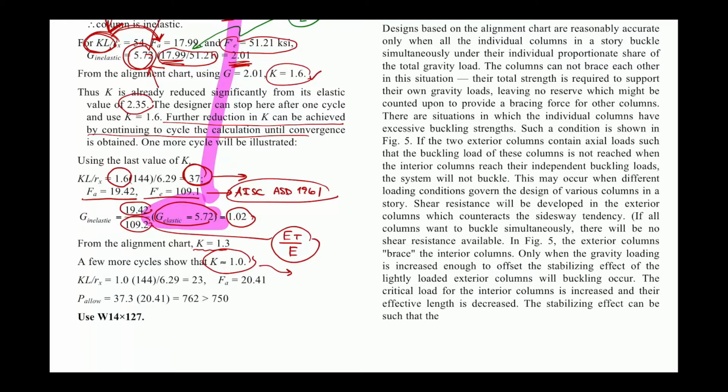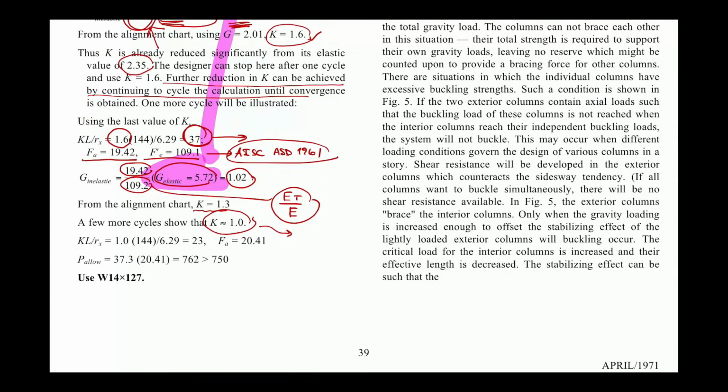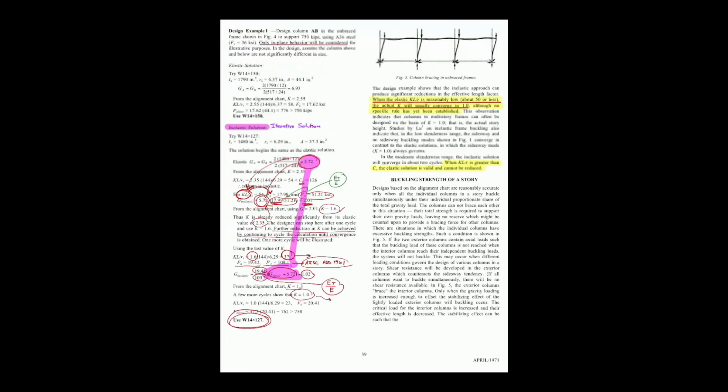So you don't need to run inelastic analysis plus nonlinear geometry in order to come up with the right estimation of the K. Just drop in 1.0. This is Uras's study. Okay, so we end up with the W flange section 127. So we save some bucks. Your boss will love it.